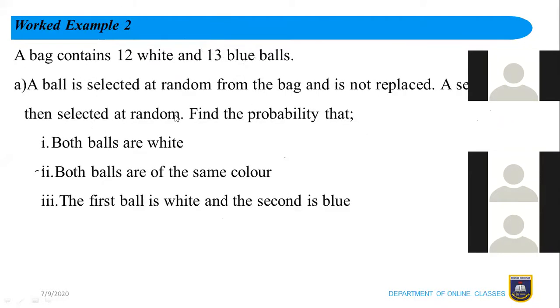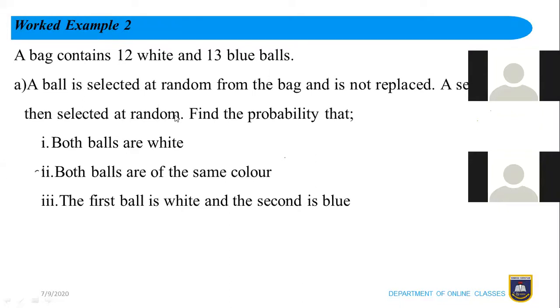A ball is selected at random from the bag and is not replaced, meaning we are selecting without replacing it. A second ball is then selected at random. So after picking the first ball, you will now go and pick the second one without replacing the first one you picked.